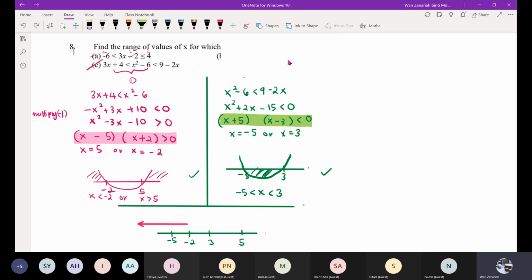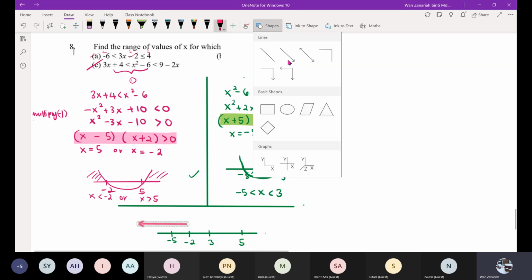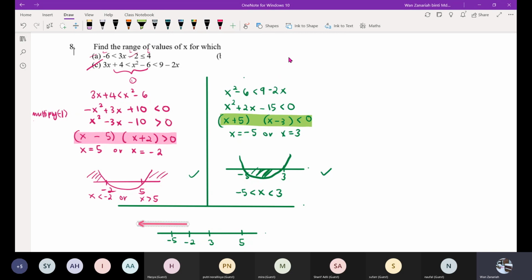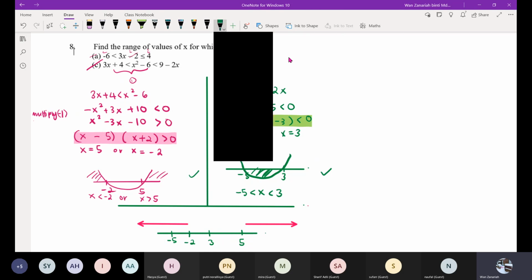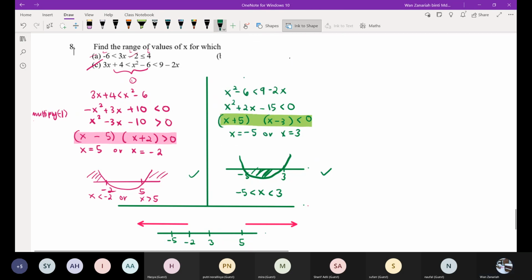So, x is less than negative 2, and then x is greater than 5. And then this one, the green function here, x is in between negative 5 and 3.